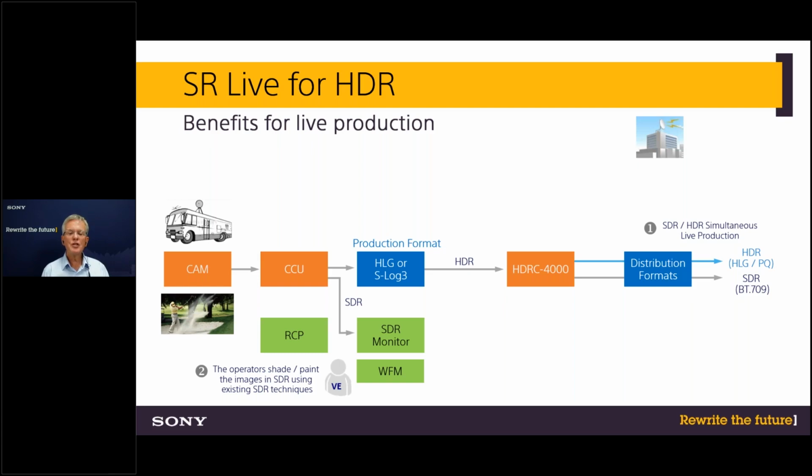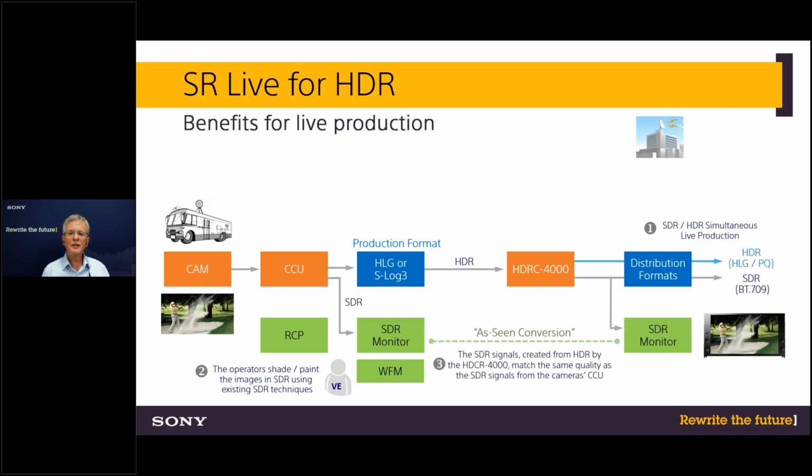So the operators can shade using trusted SDR techniques with SDR monitors, SDR waveform monitoring, and this is facilitated by an SDR gain offset that can be used for this purpose within the system. This is a big benefit for the production crew, as they don't need to relearn all the techniques that they've been using in the past.